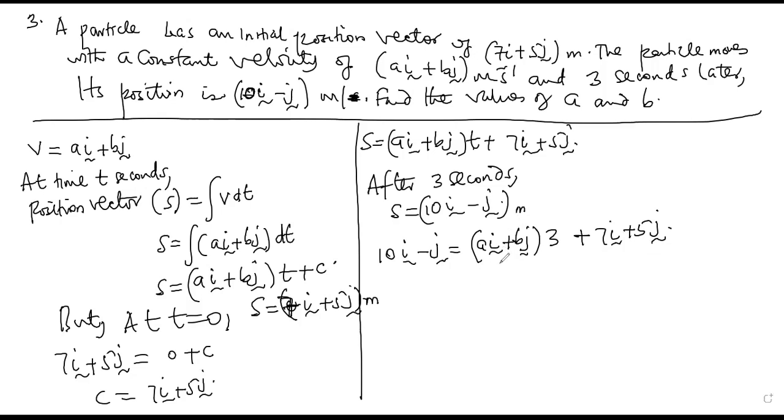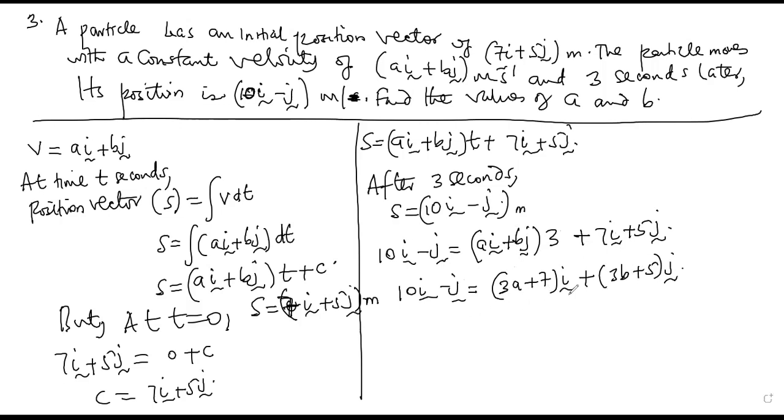Implying that if we work on this, we shall have 10i minus j is equal to 3ai. We can collect the i's together, so it will be 3a plus 7i, then plus 3b plus 5, then everything j.